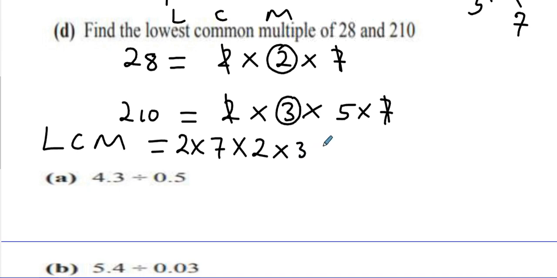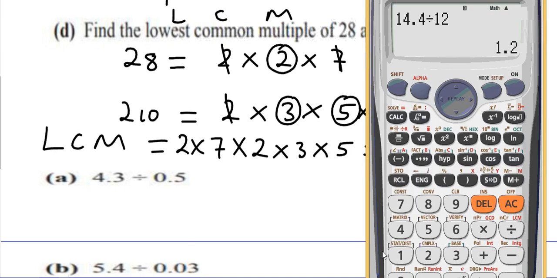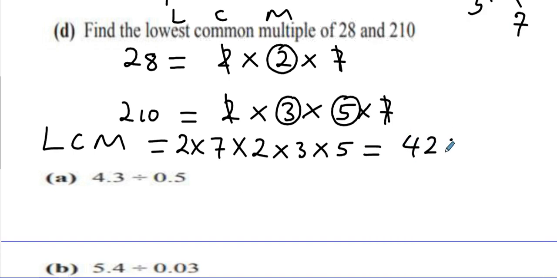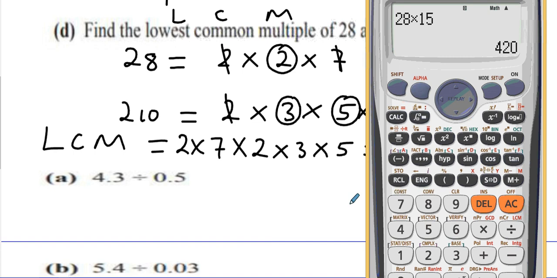Record it over here. 5 is also not common. Record it over here. Now, the LCM will be the result after you have multiplied all this. See that? 2 times 7 is 14, times 2 is 28, 3 times 5 is 15. So 28 times 15. What do you get? You get 420.